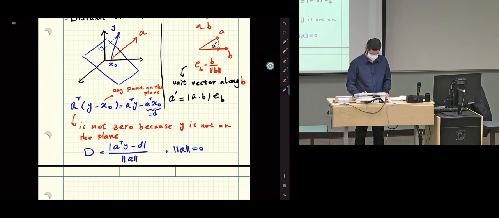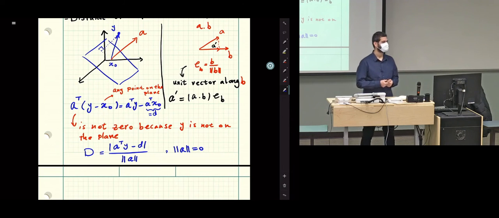Okay, so we got our distance. Does this make sense to anybody? Everybody? This formula? But when you see that, you can start doing dot product in your brain that, oh, okay, A dot Y is making it orthogonal, right? And D is the distance from the origin.